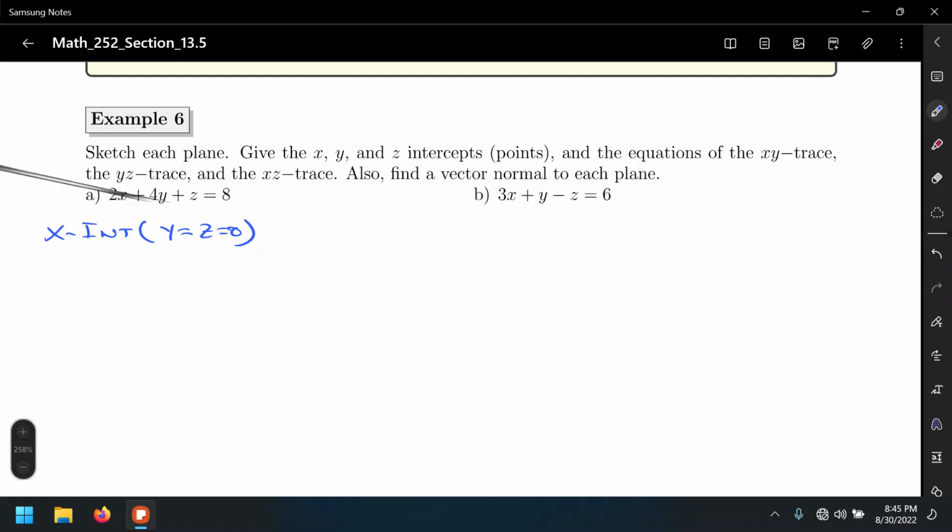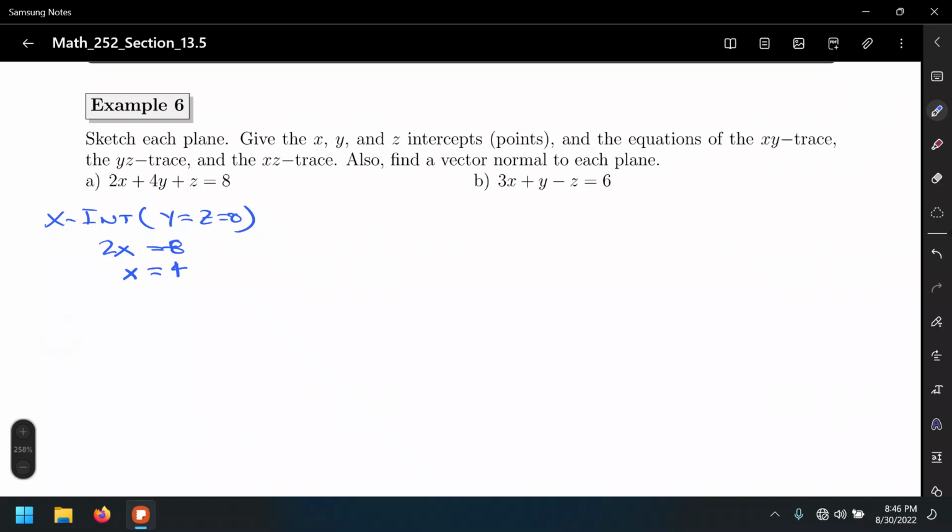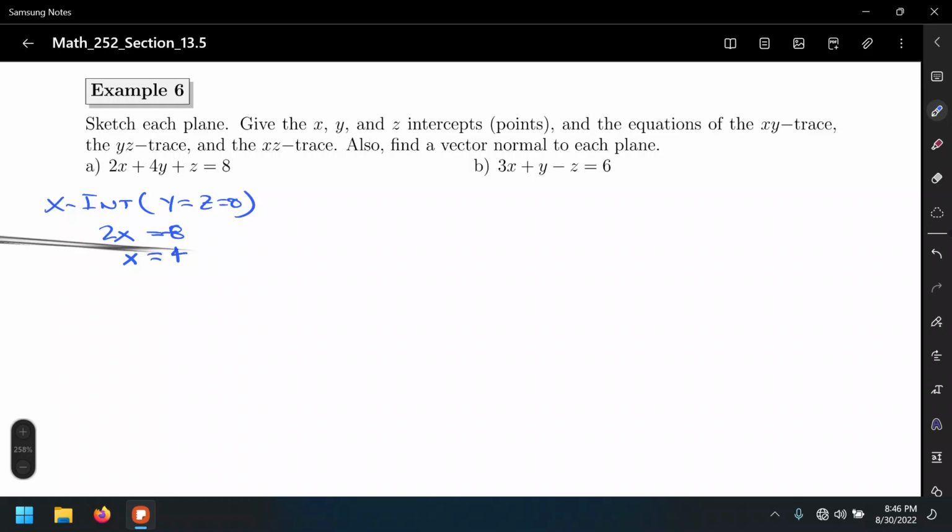So 2x plus 4y plus z, in this case these 2 are 0. That reduces to 2x equals 8, and x equals 4. That's the x-intercept. As an ordered triple, that's 4, 0, 0. Okay?